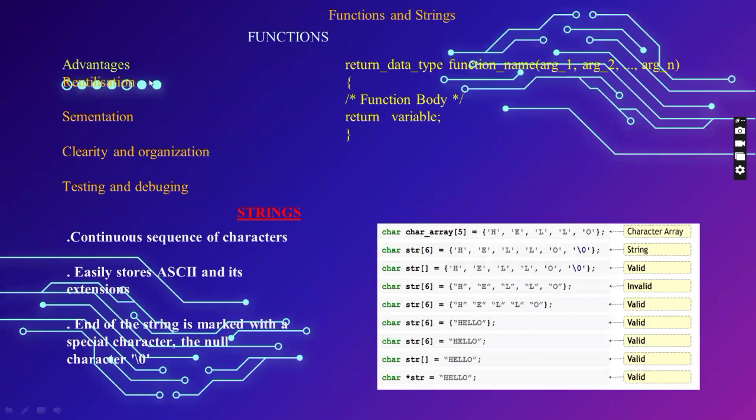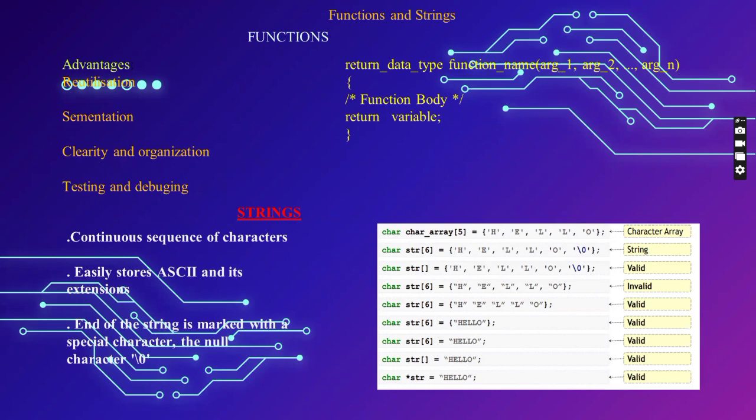So we come to the advantages. In the advantages of a function, we are talking about the reutilization of functions. Normally, they are stored in a library and can be used and reused multiple times. We have segmentation.